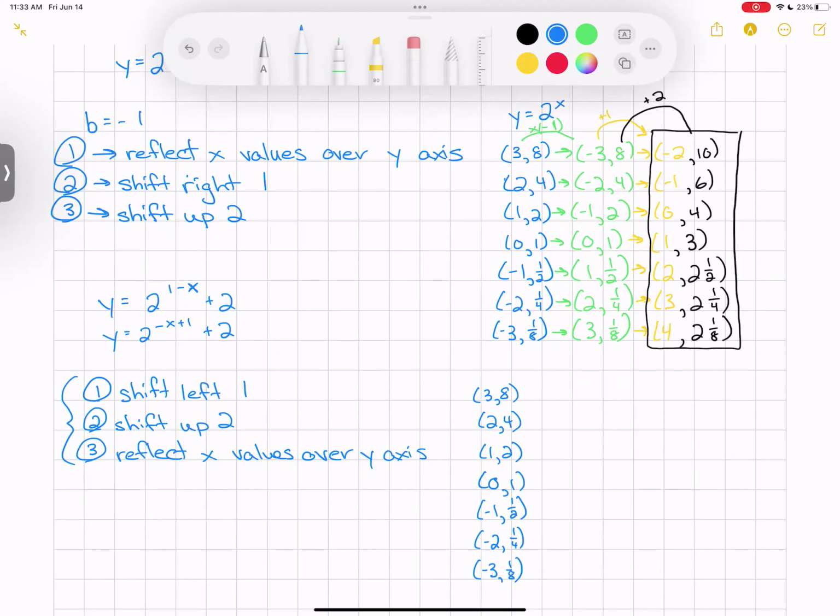Okay, so the first thing we're doing is shifting left 2. So that's going to change all of these values. So all of our x values, we're going to subtract 2 from. And then all of our y values here, we're shifting up 2, so we're adding 2 to each of our y values.